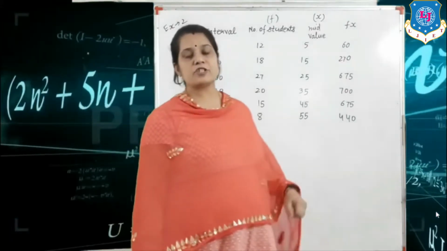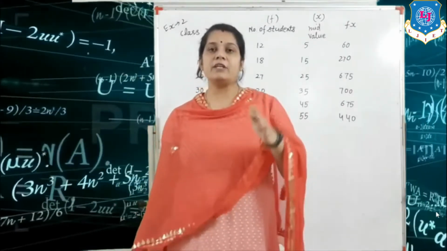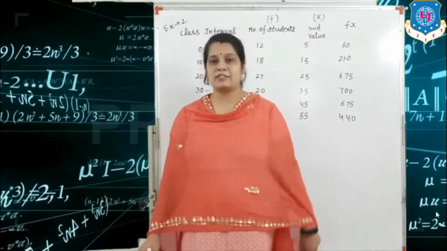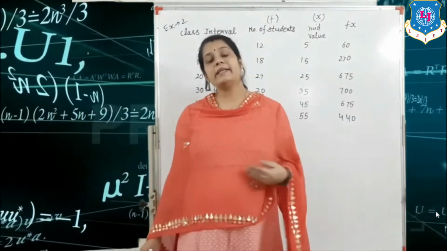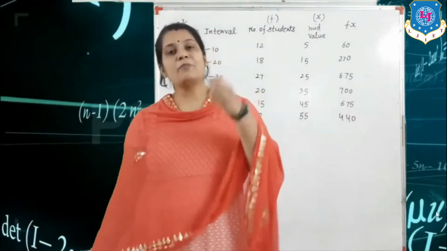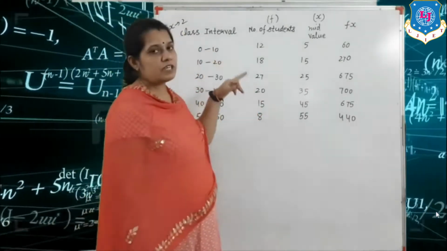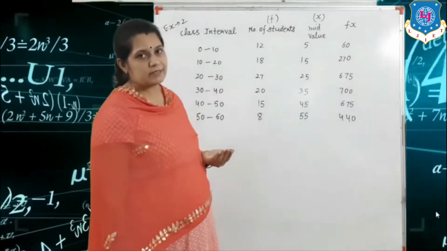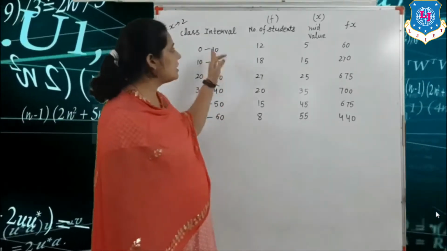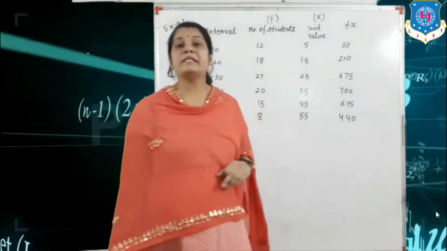So in this question, we are not given the value of x but the class interval. For finding the mean, we need the column of x. Since we are given the class interval, first you mark the column of x. With the help of the class interval, first we write the mid value.